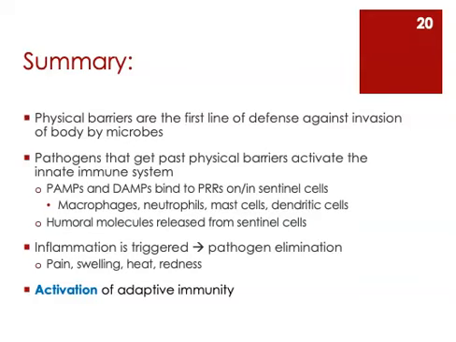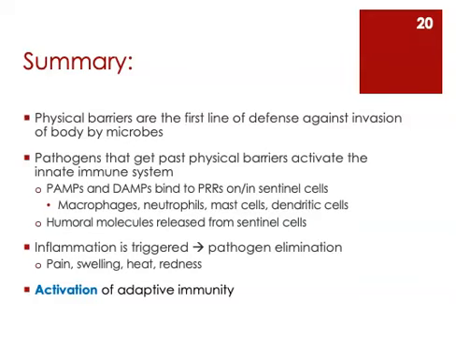Any pathogens that get past those physical barriers, and again, we defined that as getting through an epithelial lining, will activate the innate immune system. It is the PAMPs and the DAMPs that microbial organisms have that are going to bind with the PRRs on our sentinel cells and trigger inflammation.